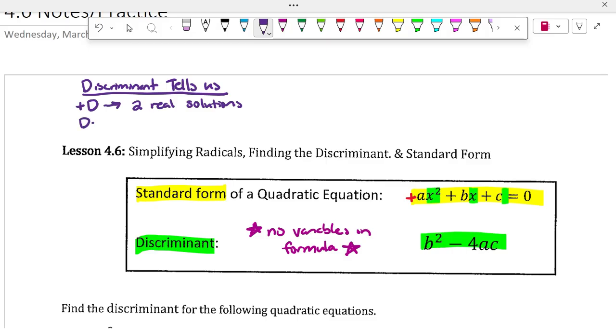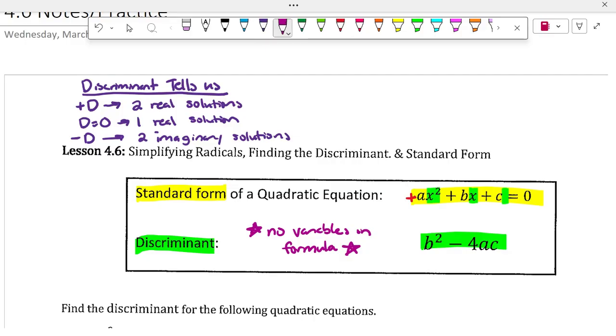If your discriminant is equal to 0, that means you have one real solution. And if your discriminant is negative, that means you have two imaginary solutions. So that means that there will be an i contained in your answer.